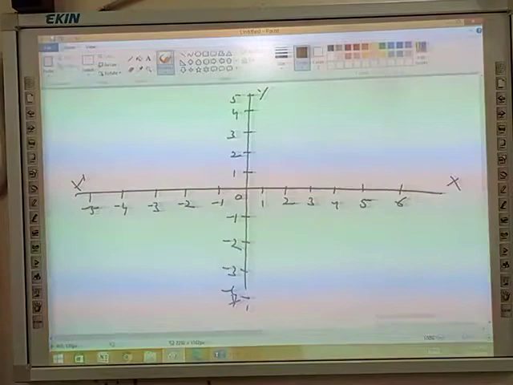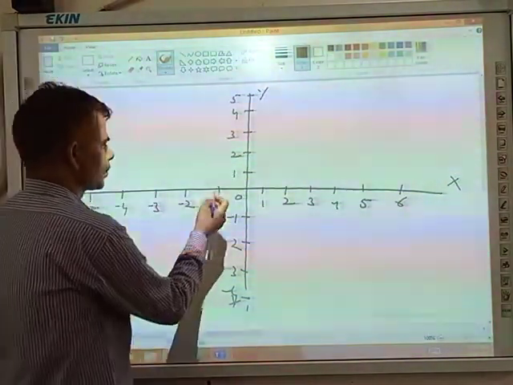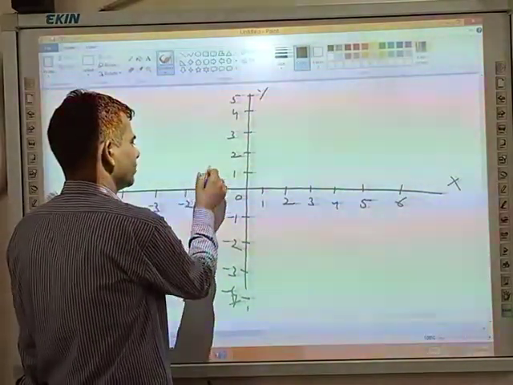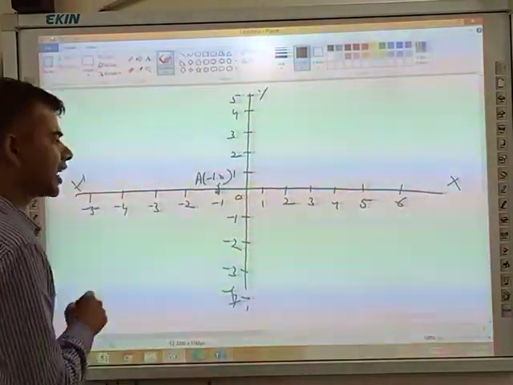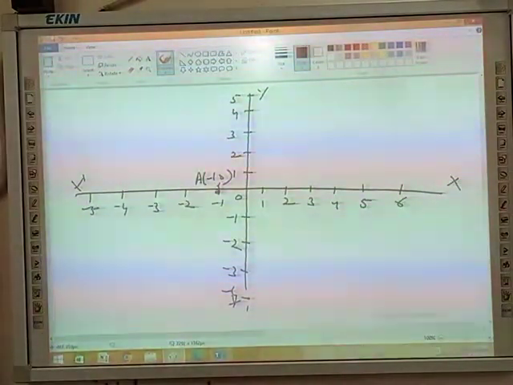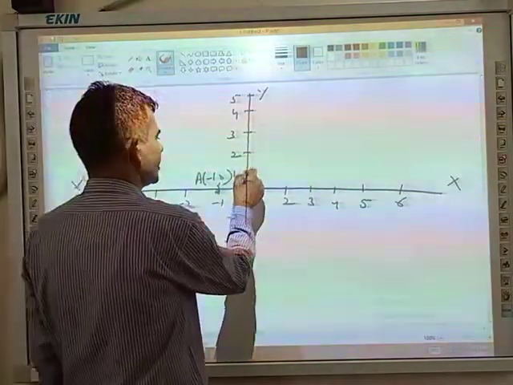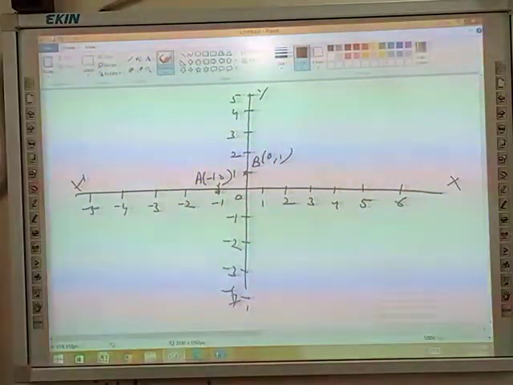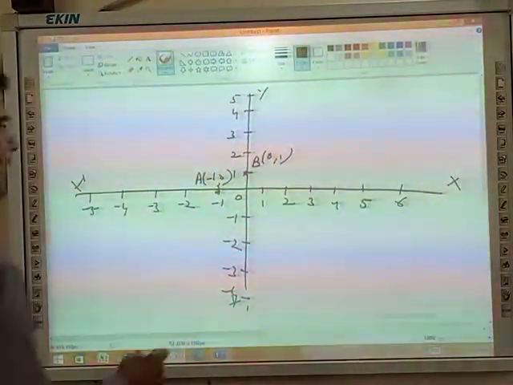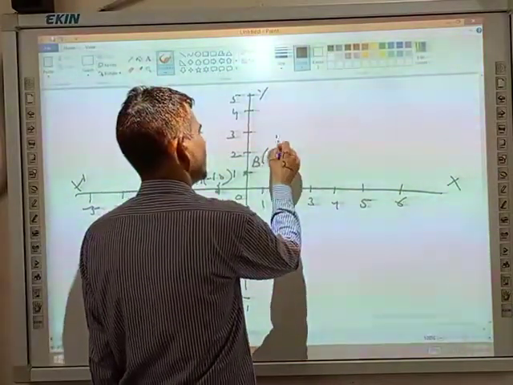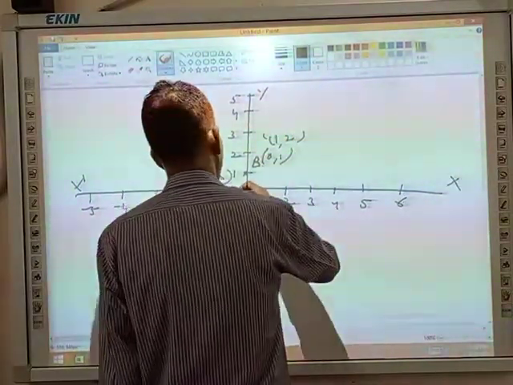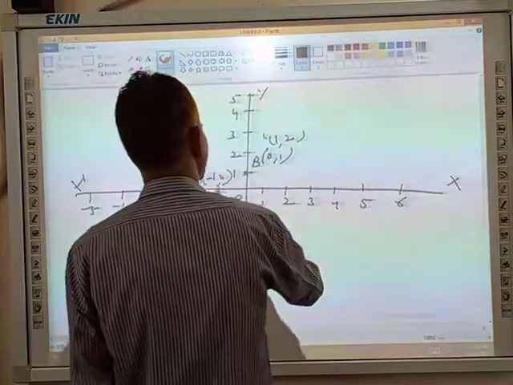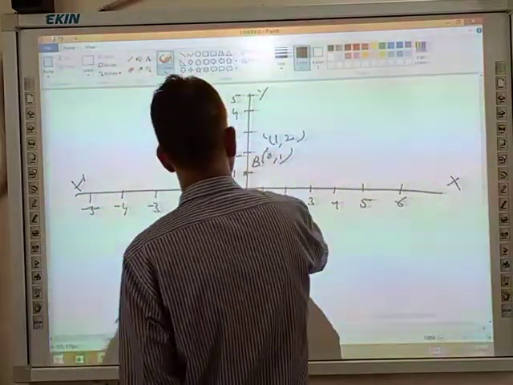Your first point is minus 1 and 0. This is your first point A. Any doubt, any problems? Now your second point is 0, 1. That is B. Now the third point is 1, 2. That is C. Join these points, students.